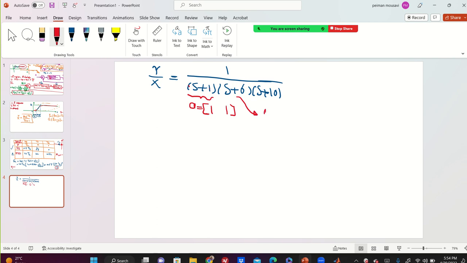Vector B is 1, 6. Vector C is 1 and 10. So in MATLAB there is a command.